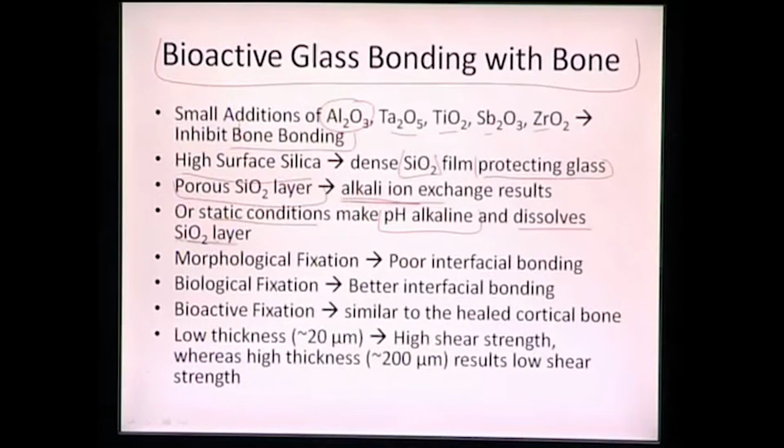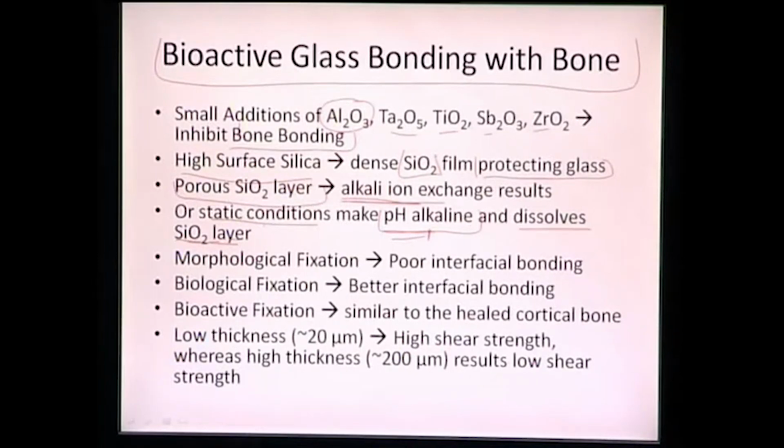Our silica layer is acidic in nature, so any alkaline condition will start dissolving it. It can happen the other way as well: if we make the pH more acidic, it will lead to less dissolution of silica oxide, SiO2. So that is one more problem with that. So we need some conditions which can make the pH more alkaline, and that will start dissolving this SiO2 layer.